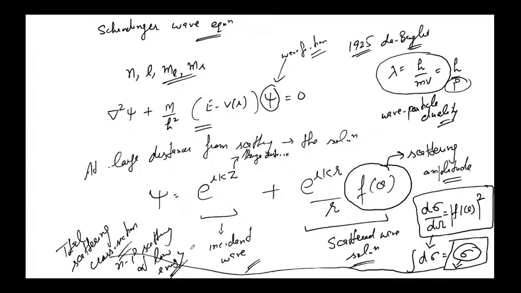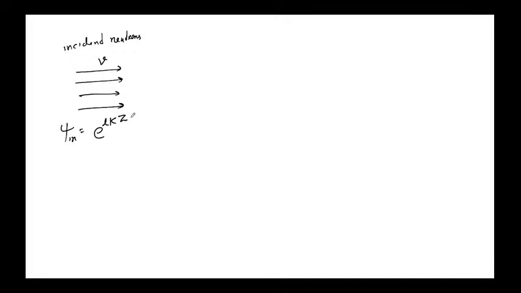So let us try to draw a diagram. Here we have incident neutrons, which are moving with a velocity v, having an incident wave function of the order of exponential of ikz.